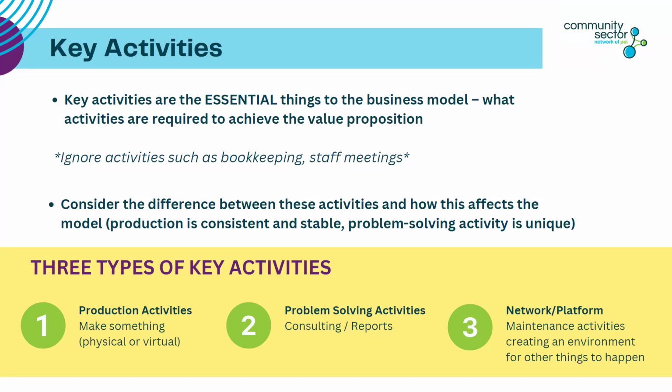So we're going to consider three types of key activities. You have your production activities, which is something where you'll be making something. That could be something that's physical or virtual. As well, you could also have a problem-solving activity, and that could be a social enterprise that's involved in consulting or creating reports.